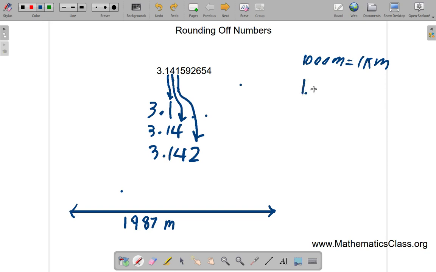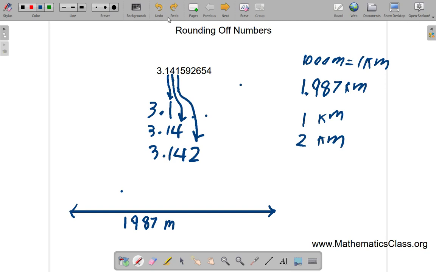If you write 1.987 kilometers, whoever is asking you, it could be a customer, a supervisor, or somebody else, they want you to write to the nearest kilometer, not 1.98 something. Now what would you write? Would you write 1 kilometer, or would you write 2 kilometers?